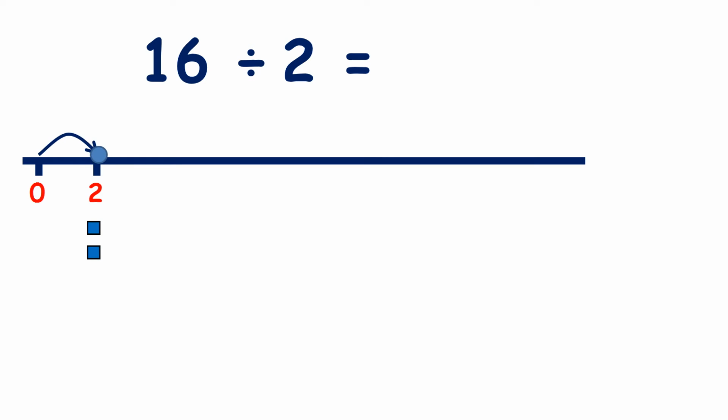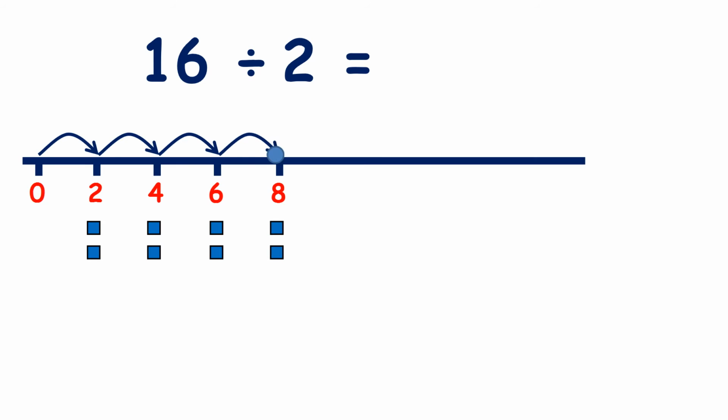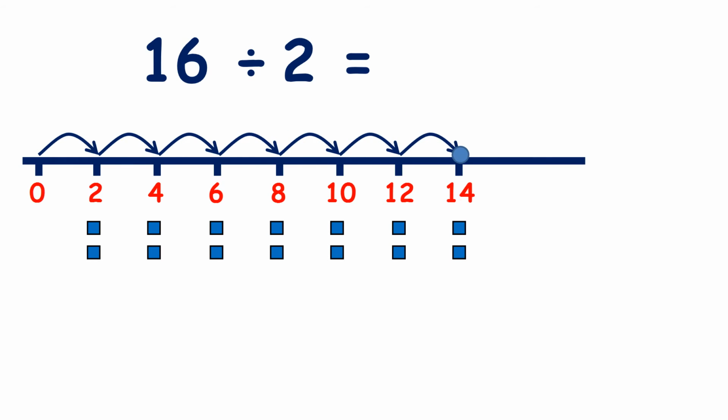So 2, 4, 6, 8, 10, 12, 14, 16. And we've made 1, 2, 3, 4, 5, 6, 7, 8 jumps altogether to get to 16. So 16 divided by 2 is 8.